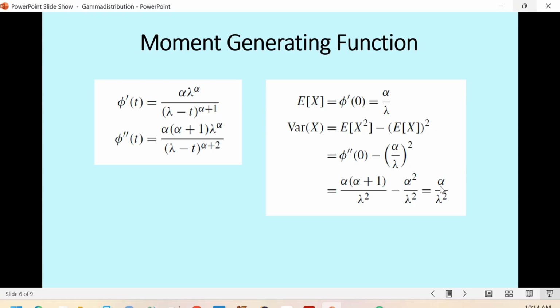So we get the variance as alpha divided by lambda squared, and the expectation of the gamma distribution as alpha divided by lambda. This is a very interesting result.